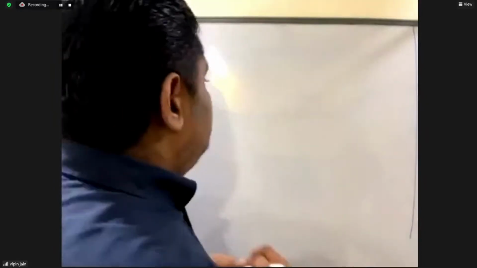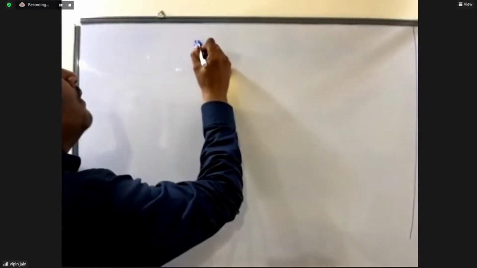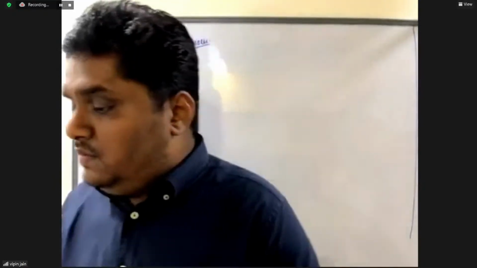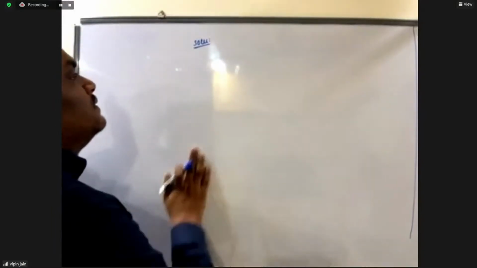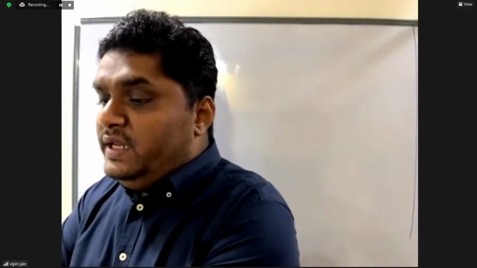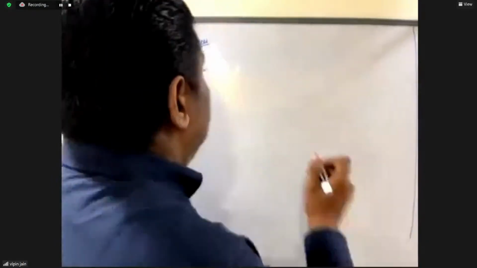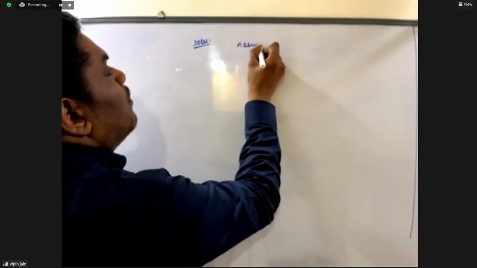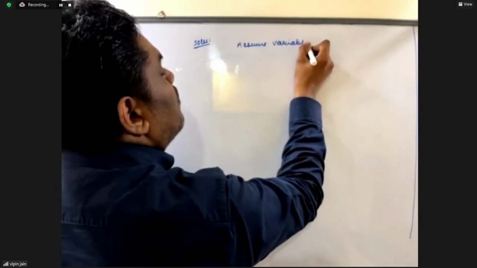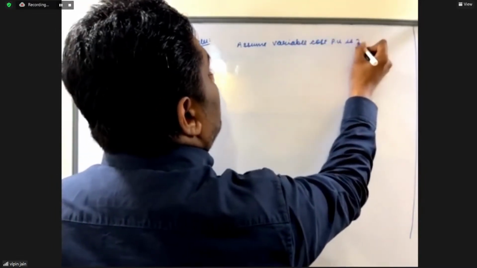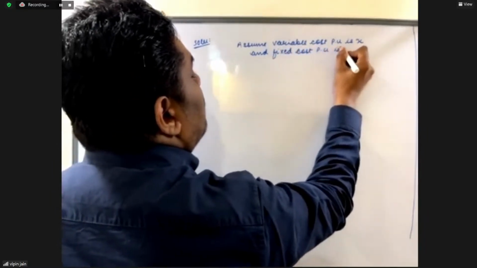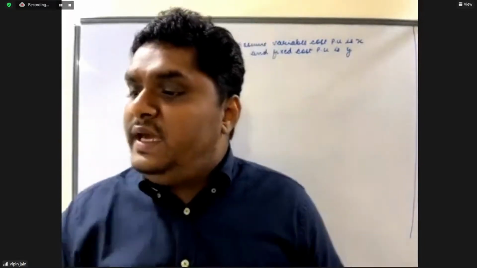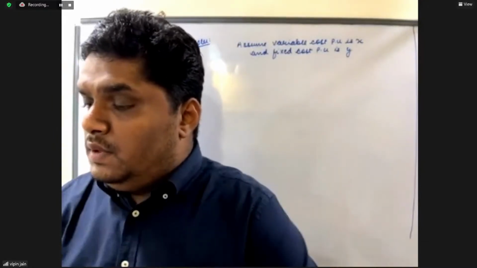So the solution to the question I discussed in the previous session. Let's assume that the variable cost per unit is X and fixed cost is Y. So in the first case, 2 lakh units were manufactured and the total cost is 4.5 per unit.